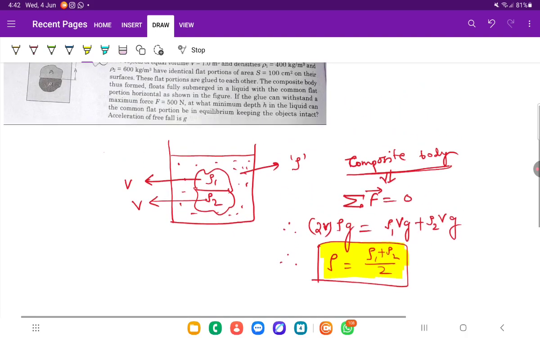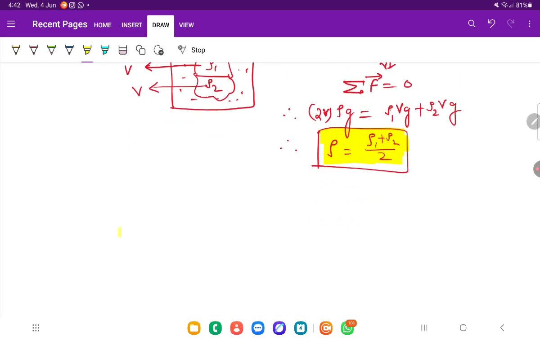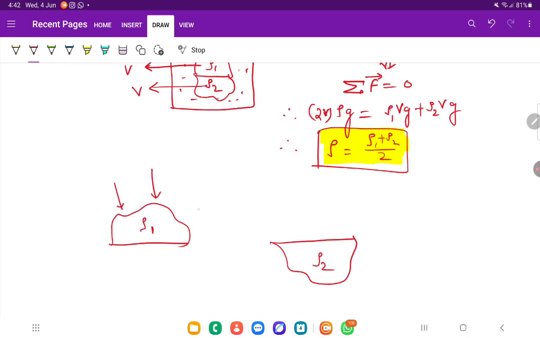So next I will try to draw the FBD of the two parts separately. Let's say this one is the first part, which is having density rho 1, and this is the second body having density rho 2, and these two surfaces are flat. So basically what's the buoyancy force? The water will exert a hydrostatic force from all the directions, and a net hydrostatic force due to pressure difference at different heights will just result in a net upward force in this direction, right?